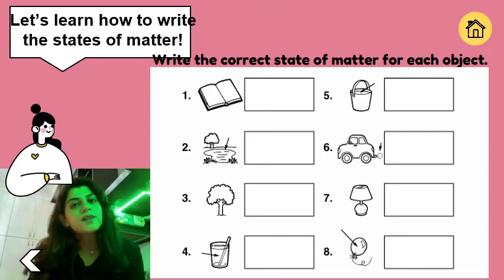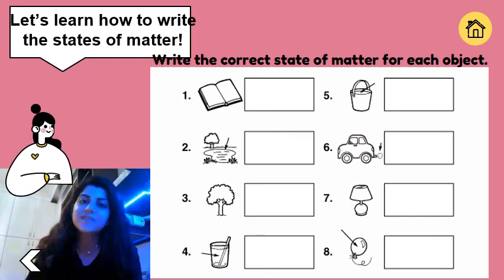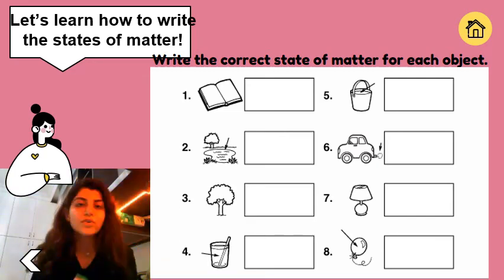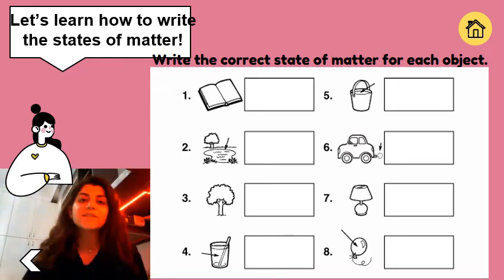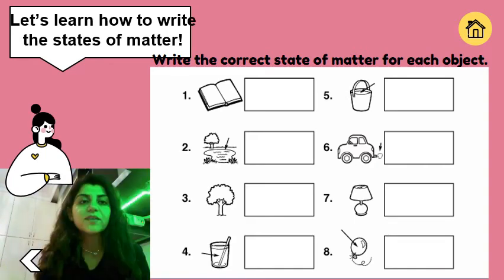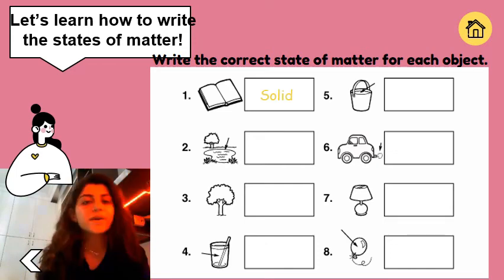If it's liquid, you have to know how to write the word liquid alone. And if it's gas, we have to know how to write the word gas. It's very easy. Book is a solid, right? So let's write the word solid together. Solid. Practice writing them at home, okay? Solid. So book is a solid.